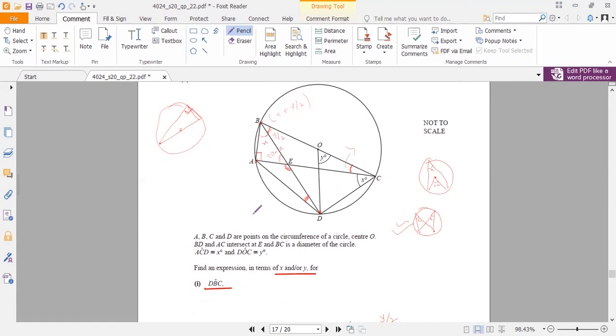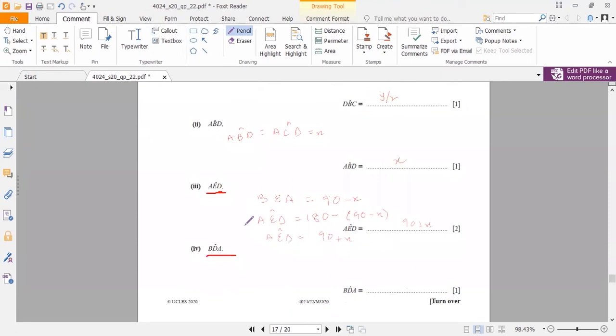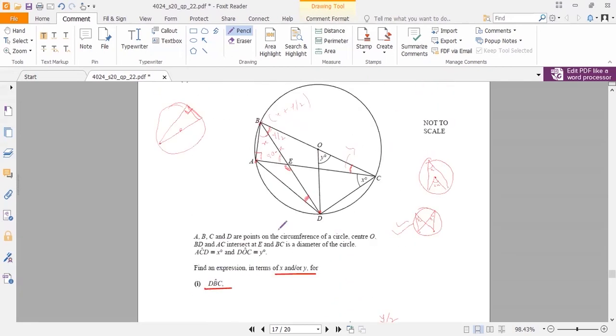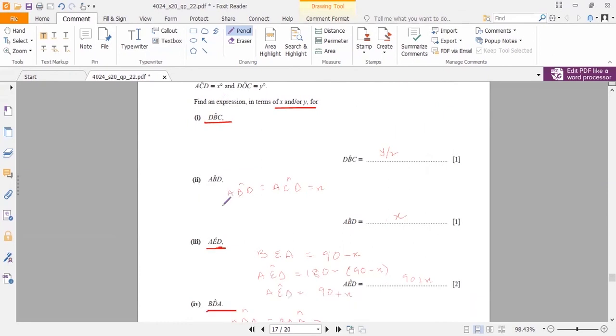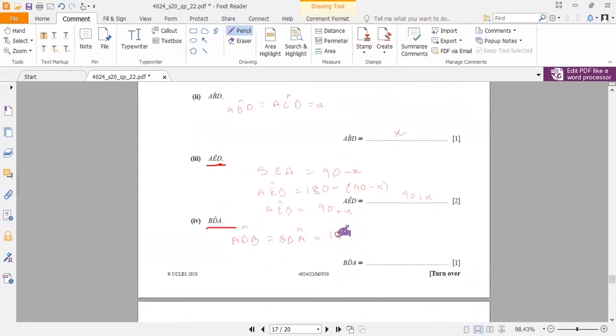So firstly, we can say that this is equal to BDA. To find BDA, we have to subtract from 180: 180 minus 90 minus X plus Y upon 2. 180 minus 90 is 90.